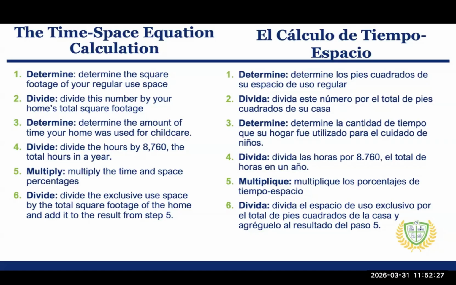Step number 3, we want to determine the amount of time your home was used for childcare. And something important here: this doesn't mean only the hours that the business is open. Of course, you have to include those hours, but you can also include hours that you spend before opening for prepping, for cooking, for anything that you do related to the business.